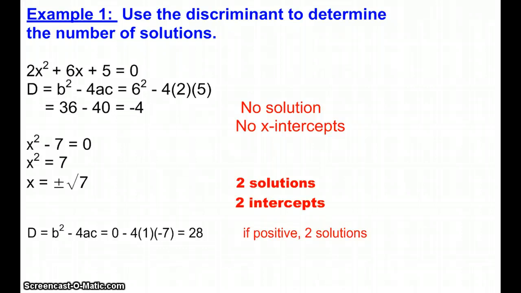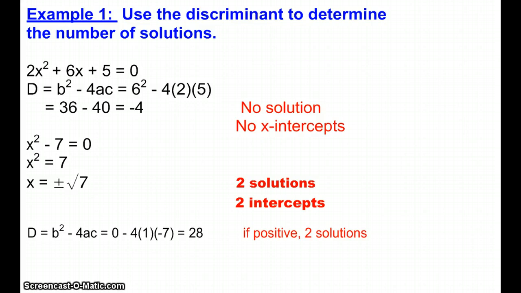Let's take a look at this example. We're going to use the discriminant to determine the number of solutions. So our first equation is 2x squared plus 6x plus 5 equals 0. We know the discriminant equals b squared minus 4ac, so we're going to plug those numbers into the equation.